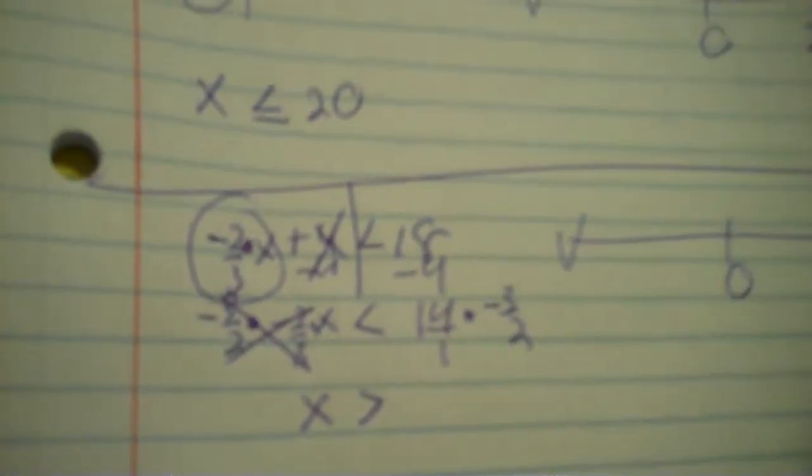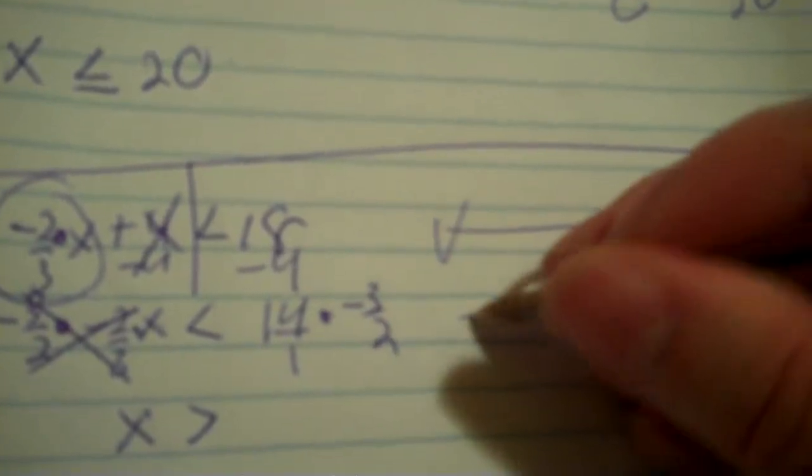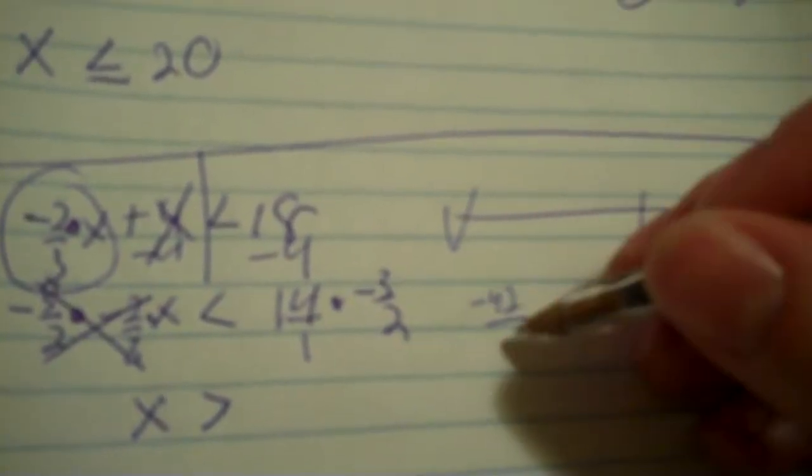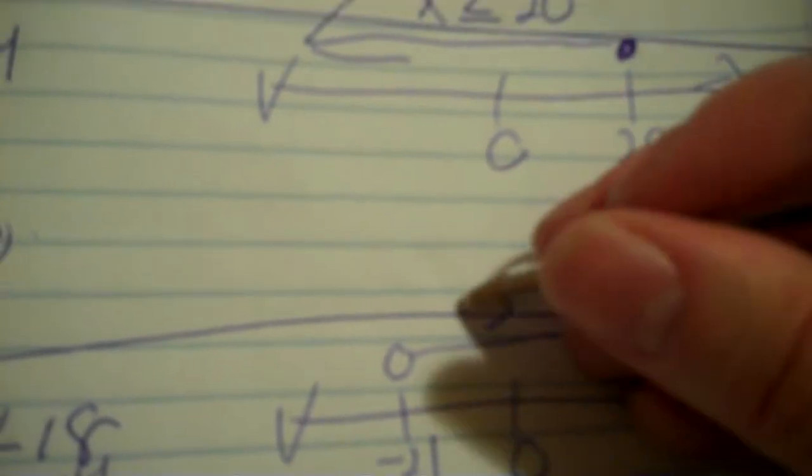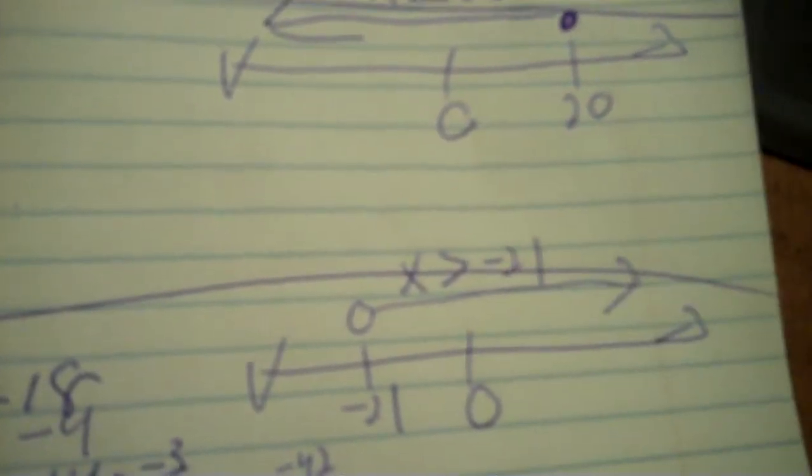Put a 1 under your 14. 14 times negative 3 is negative 42, and then 1 times 2 is 2. Then we divide those, we get negative 21. Okay? So negative 21 opens to the x, so if it's opening up towards the x, it goes this way. So it's greater than x negative 21. That one was kind of a hard one.